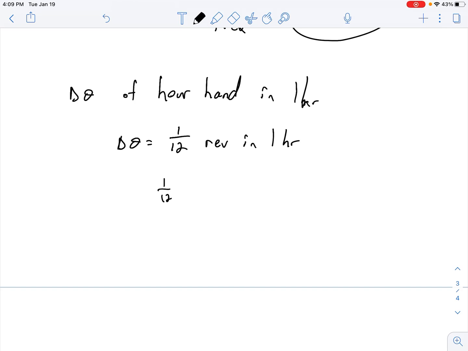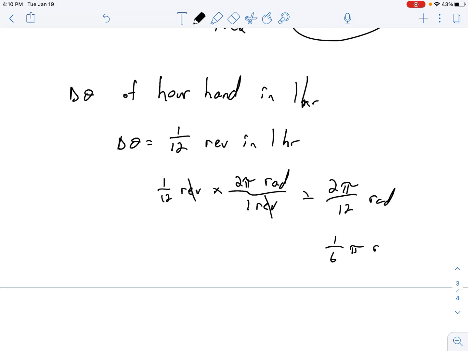We don't like the unit of revolutions, so we have to convert that to radians, remembering that there are 2 pi radians in 1 revolution, which will give us 2 pi over 12 radians, which reduces to 1/6 pi radians. Of course, you guys have a calculator, so you could actually calculate 1 divided by 6 multiplied by pi and come up with decimal numbers for this. I'm not using the calculator right now, but on a test, you would use your calculator to calculate that out. Alright, I think that's pretty good.